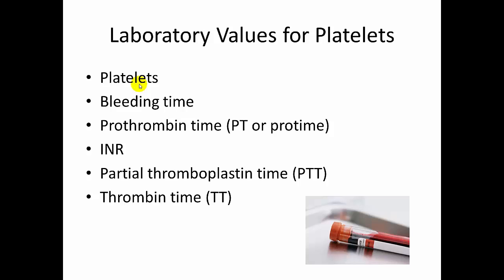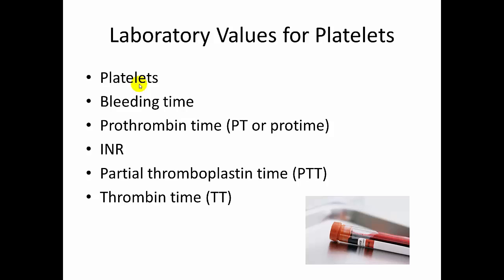INR normals are 2 to 3.5. And this will depend on whether or not they're on therapy. So depending on if they're on Coumadin therapy, then we want a longer or higher INR, but typically 3.5 is over.